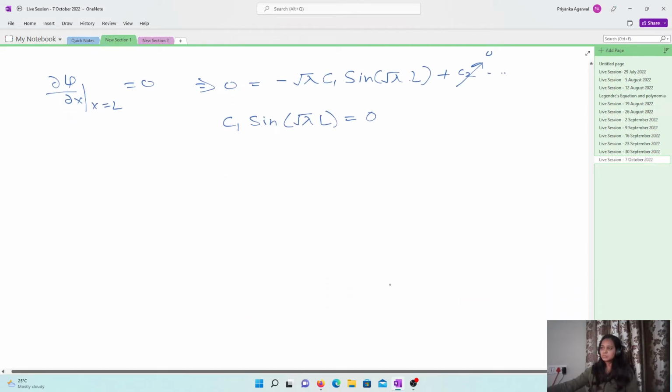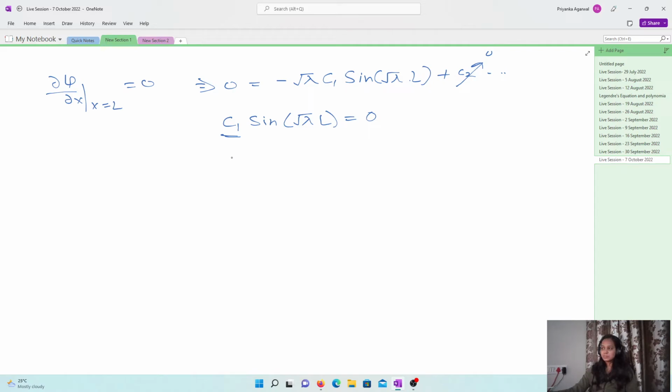If C1 equals 0, then what we get is a trivial solution. So this cannot be 0. Therefore sin of L root lambda equal to 0. That means this is equal to sin of n pi.